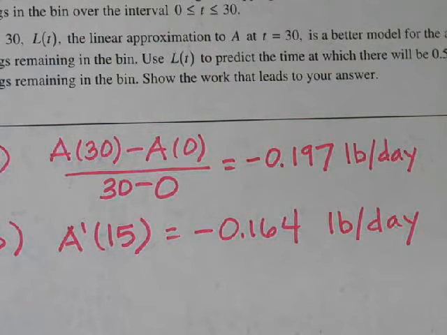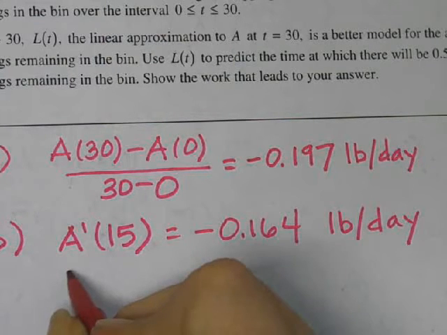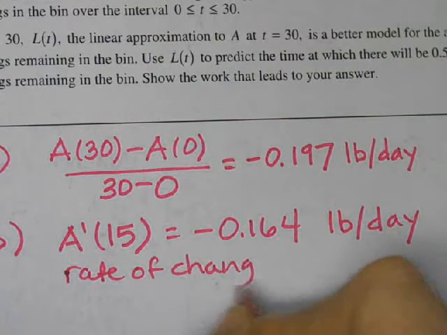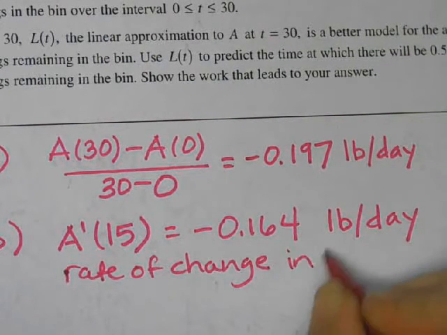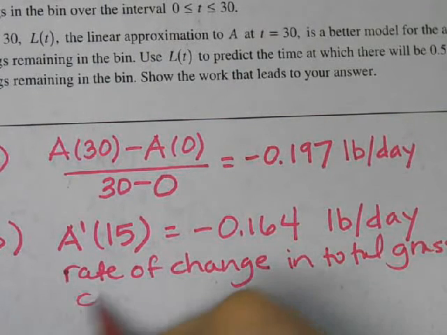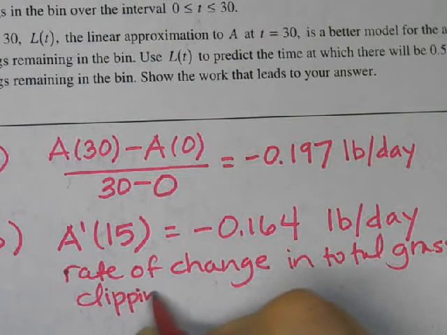So this part is actually worth 4 points, with 2 points for writing the equation for the L of t. So 2 points for this slope-intercept equation. Then it was 1 point for knowing that you needed to set L of t equal to 0.5, and 1 point for the answer, 35.054.